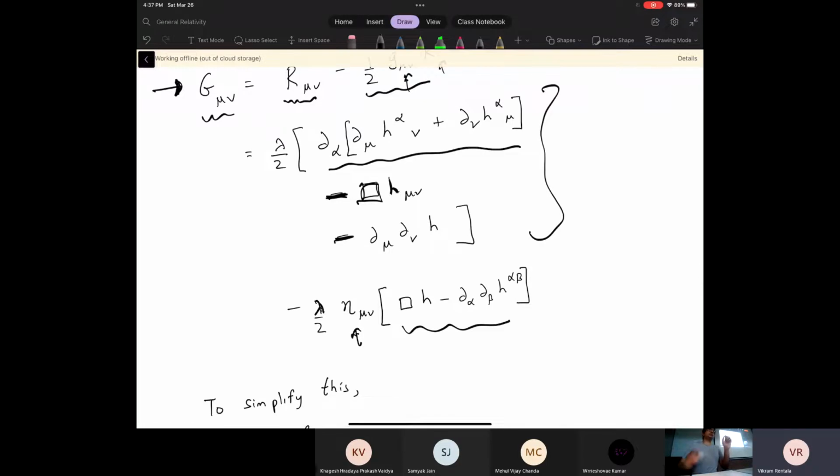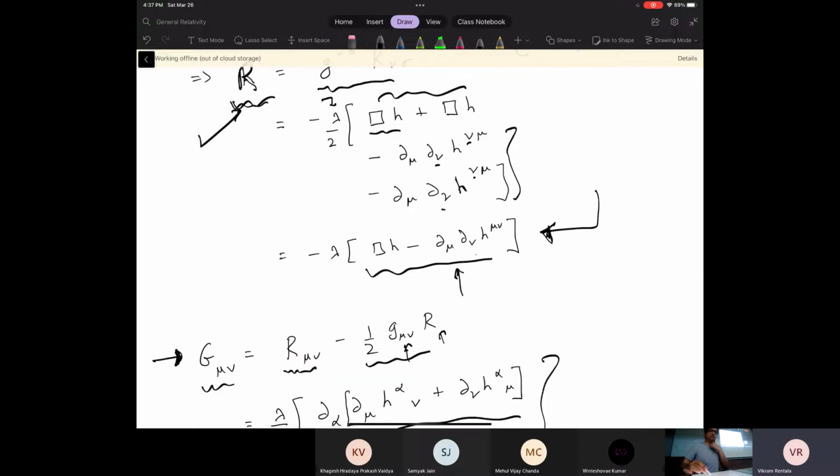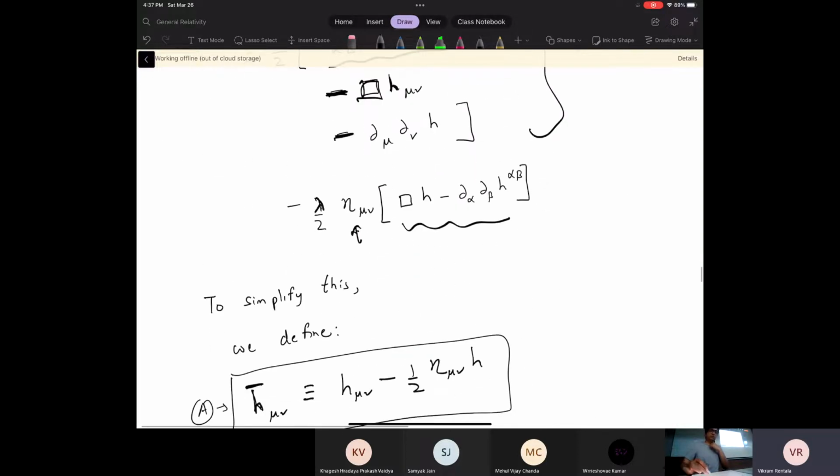Here, the thing is, this is a common pitfall, which is why I'll tell you this step. I had written this as partial nu h mu nu. But when I wrote it here, I wrote it as partial alpha, partial beta, h alpha beta. The reason I changed indices from mu nu to alpha beta is because I already have a mu nu index here. These are dummy indices which are repeated, but you don't want to use the same dummy indices as the free indices, which are sitting out here.